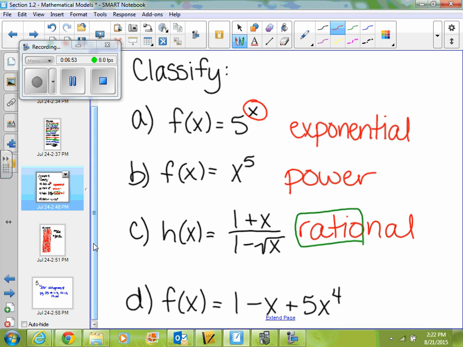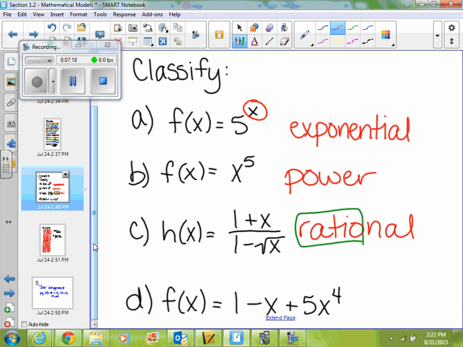Alright, and then my last function, f of x equals 1 minus x plus 5x to the 4th. Well, this one kind of throws people off sometimes. It would be quadratic if this was a 2. Polynomial?